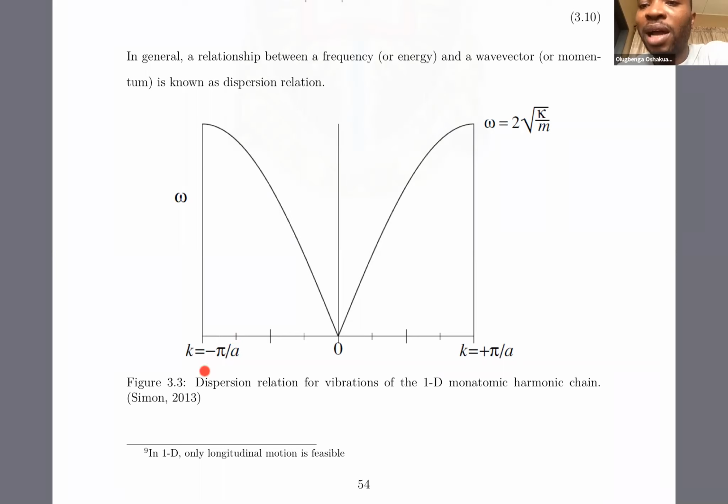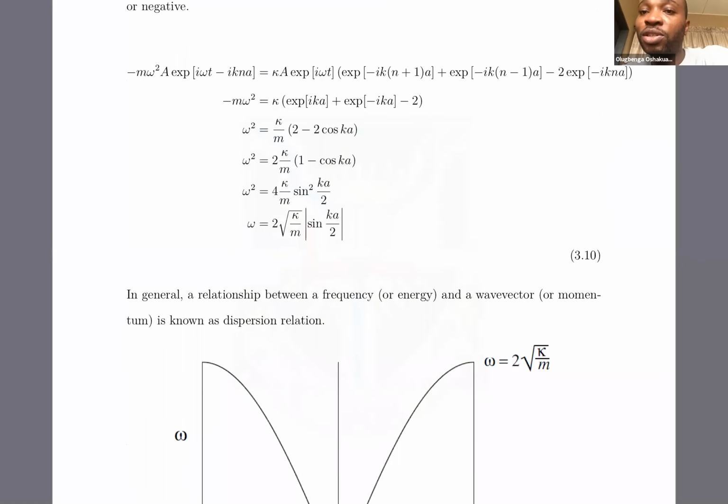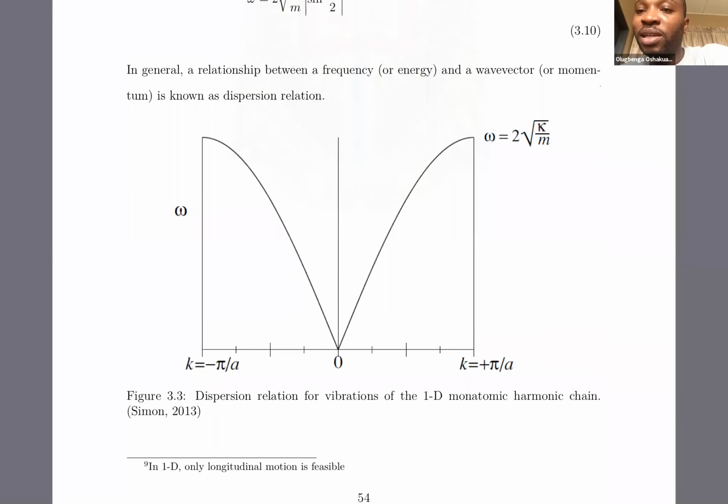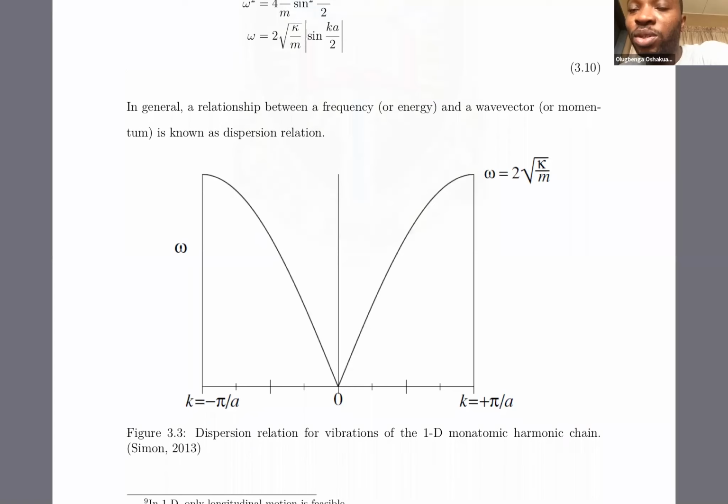From the expression we've just obtained, the graph below is like plotting equation 10. When K is equal to 0, omega will be 0, and when K is equal to minus pi over A, omega will be maximum. And when K is equal to plus pi over A, omega will also be maximum.